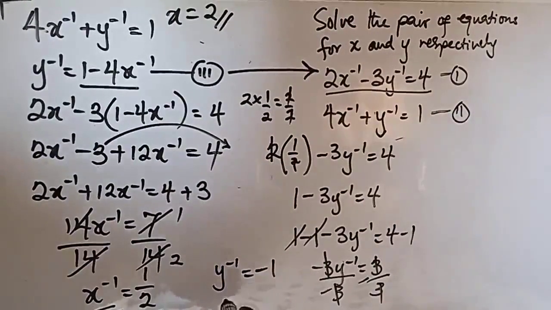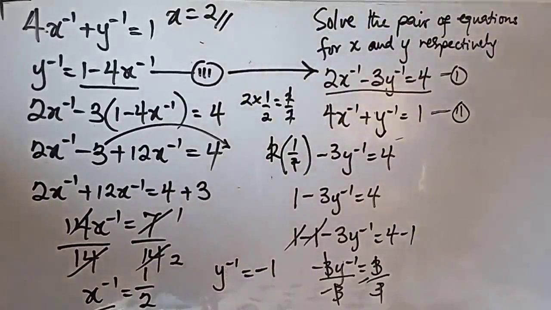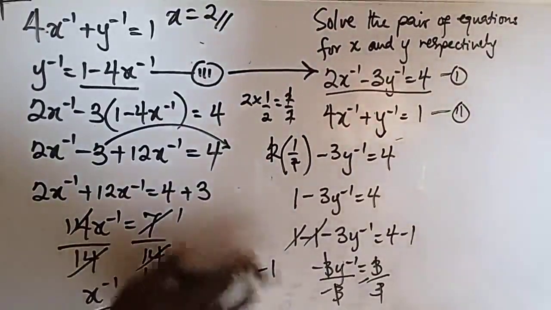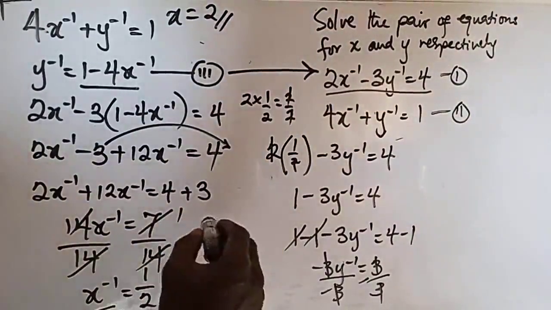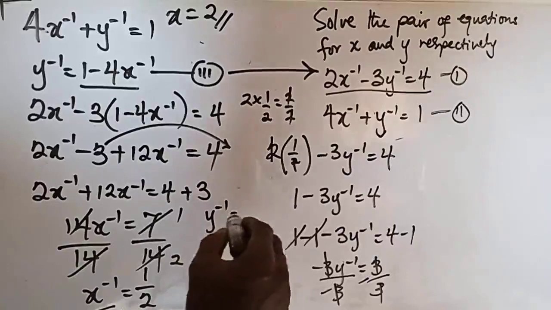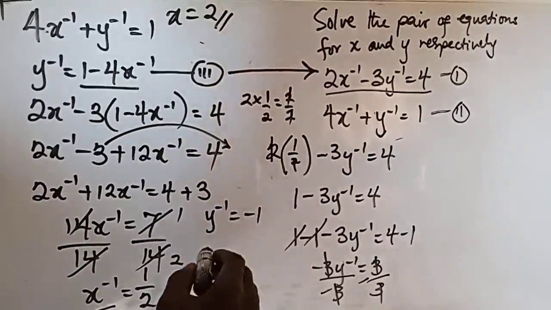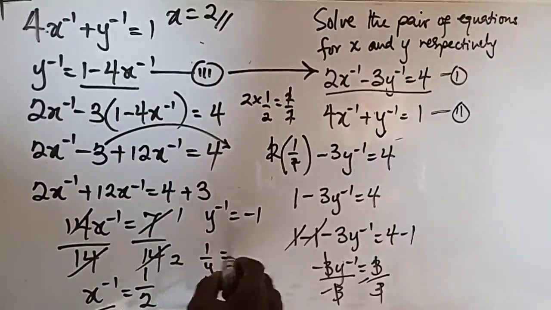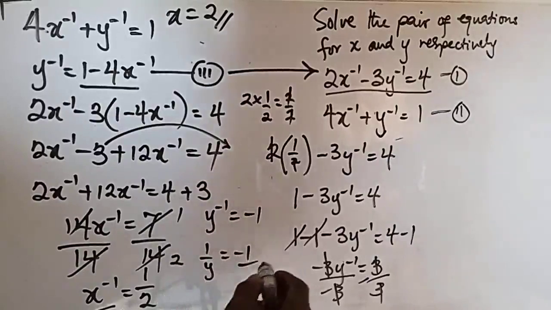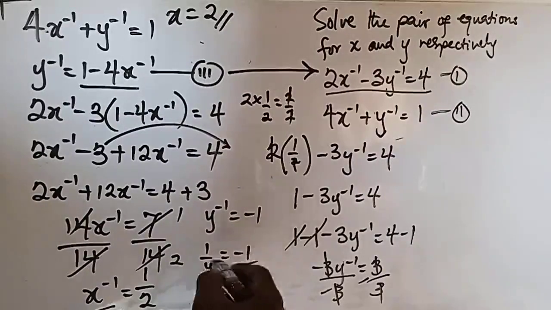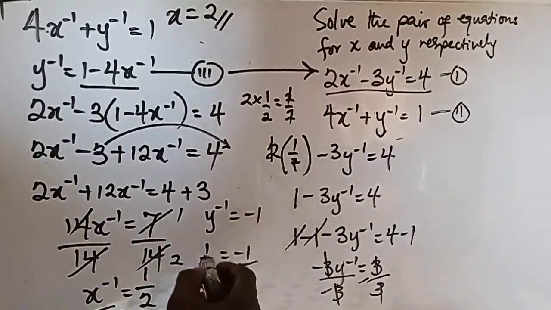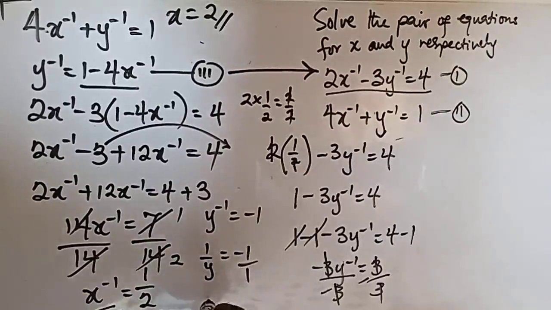Now y raised to minus 1 equals to minus 1. So here we can now say this is 1 over y equals to minus 1. When you cross multiply, 1 times 1 equals to minus 1 times y, which will now give us that 1 equals to minus y.